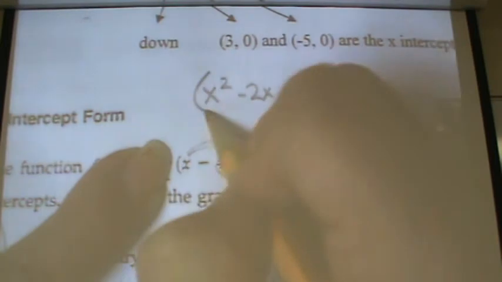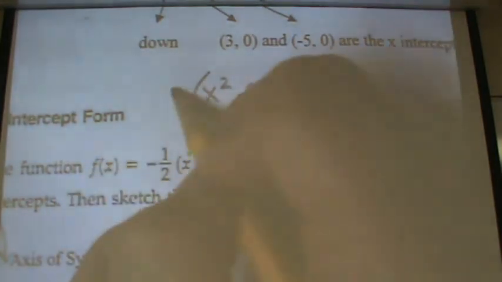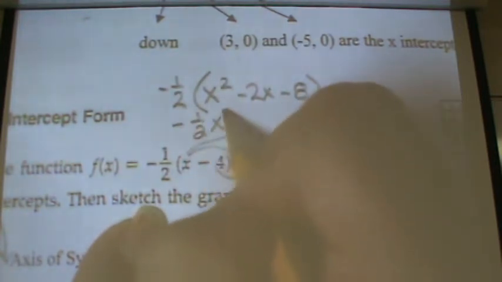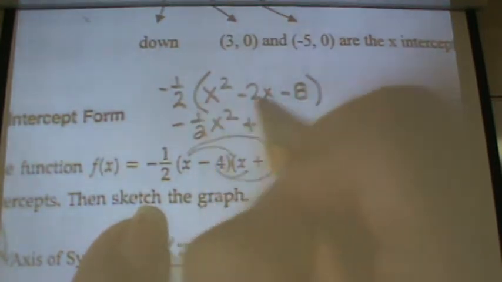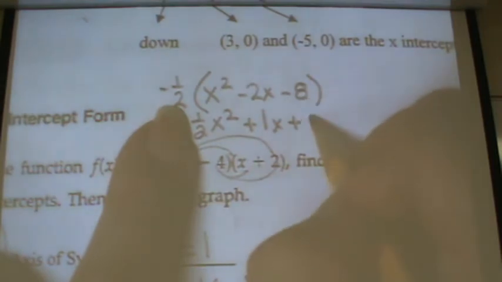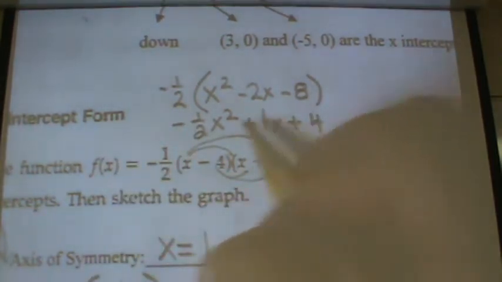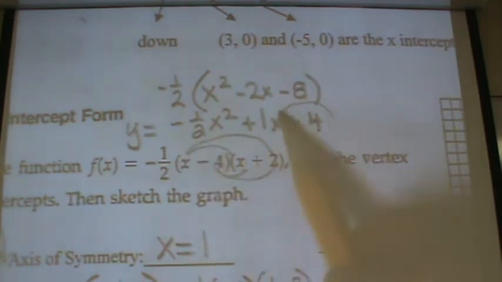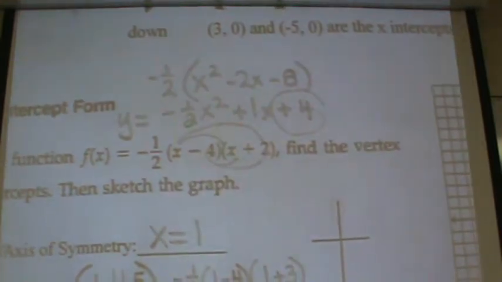But what number is in front of that product? -1/2. So if you were to distribute that, you get -1/2 x squared plus 1x and plus what? 4. Guess what that 4 is? Y-intercept. That's your y-intercept. This is polynomial form. What was so special about polynomial form? That's your y-intercept.